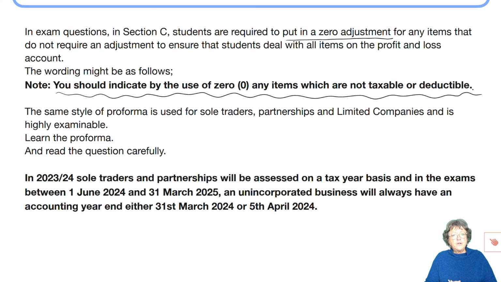So we have been told and informed that that's why it's in bold, 23-24, sole traders and partnerships will be assessed on the tax year basis in the exams between the 1st of June 24 and the 31st of March 25, and an unincorporated business will always have an accounting year end either 31st of March 24 or the 5th of April 2024. They are coterminous year ends. Okay, very important that you're aware of that, especially if you are a retaker of this exam.